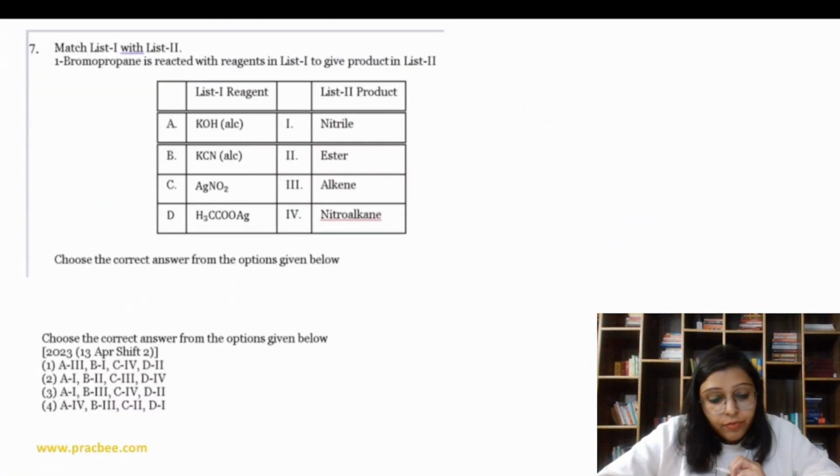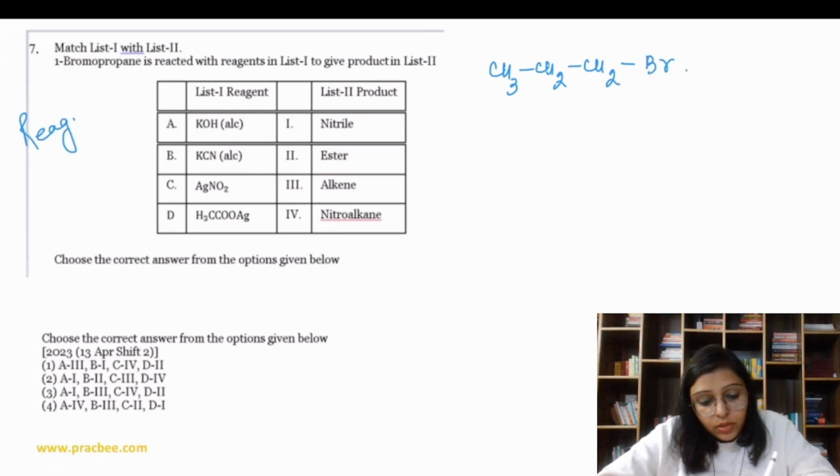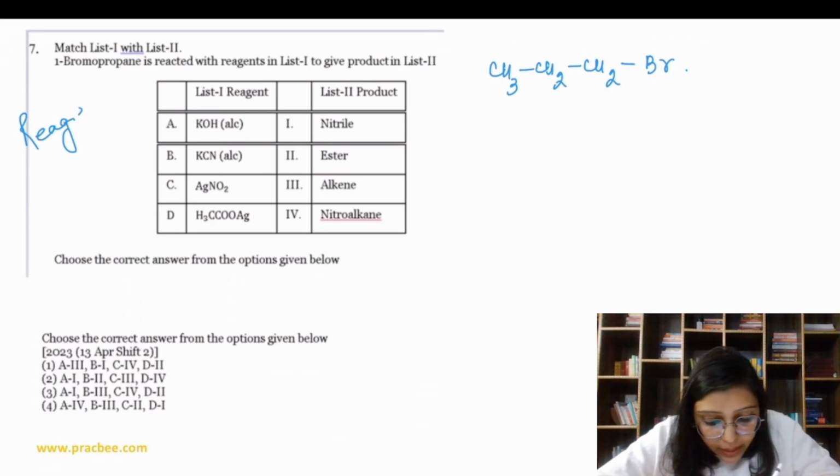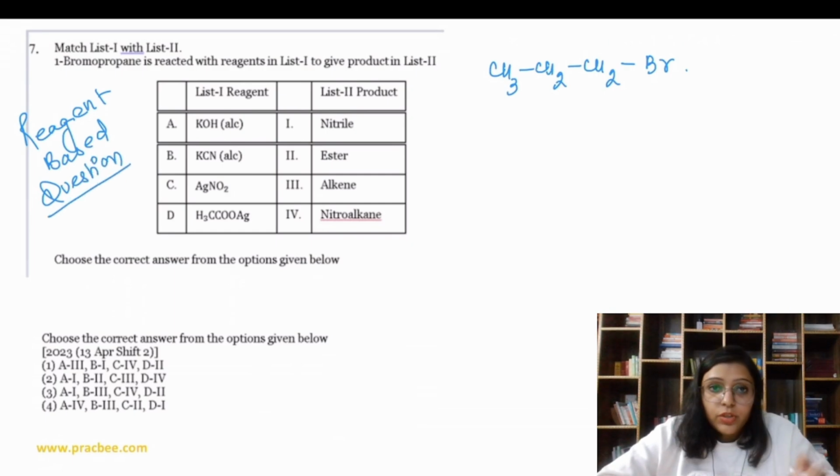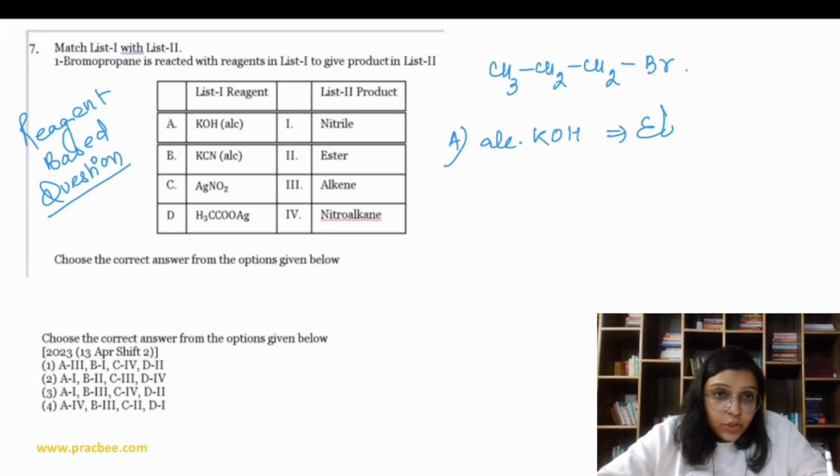We have 1-bromopropane. It means CH3CH2CH2Br. Now it is reacted with a reagent. So this is a reagent based question, so you should know the role of the reagent, right? If we use alcoholic KOH, we have to do elimination.